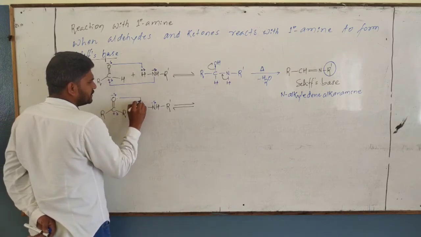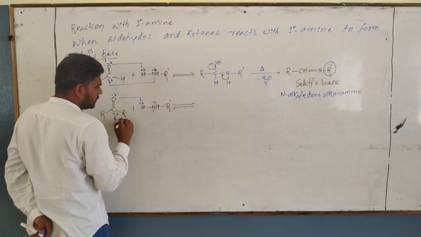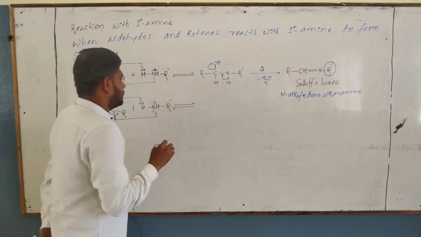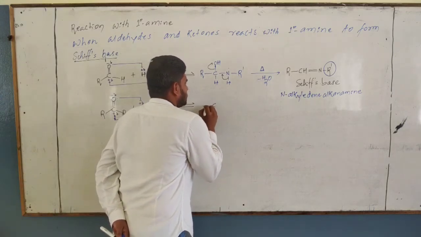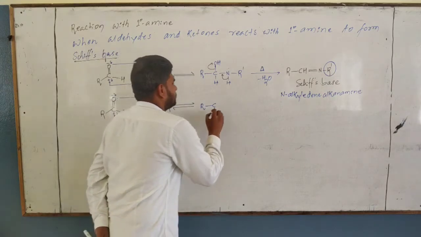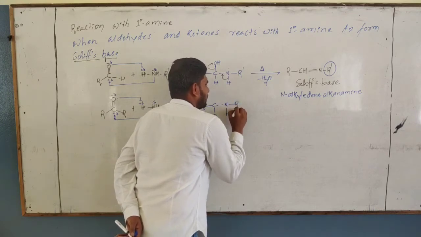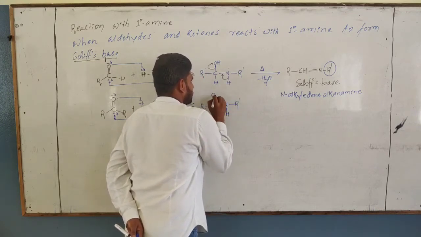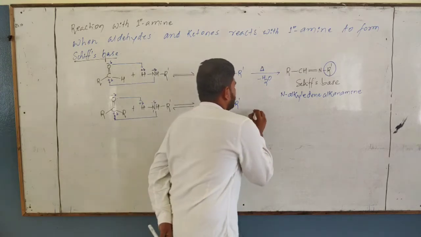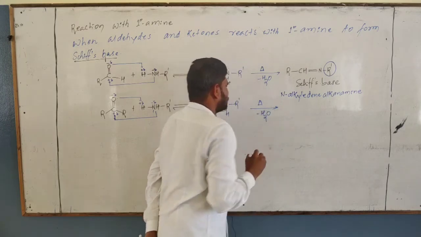Same process, addition of this primary amine across the carbonyl group. You write down as it is. R is there, over here R, this is NHR prime, it becomes OH. Elimination of water on heating.